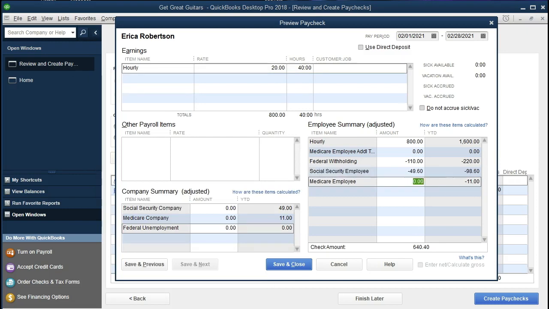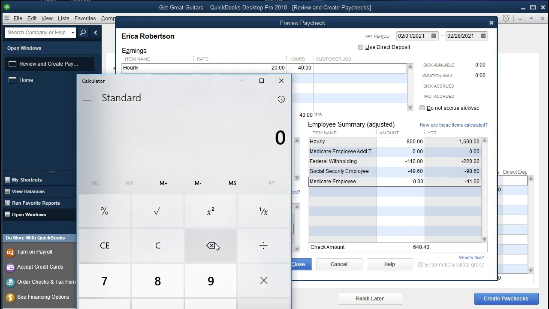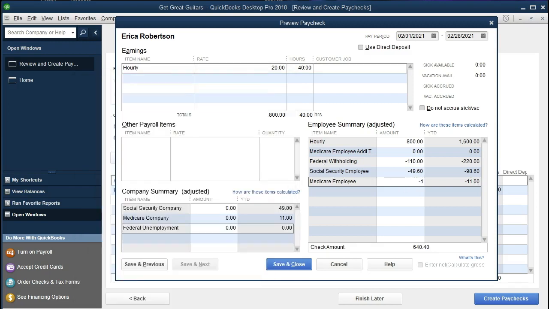And then Medicare, we'll calculate that out. Same gross pay times 1.45%, or 0.0145. And that would give us the 11.6. So we're going to say negative 11.60.